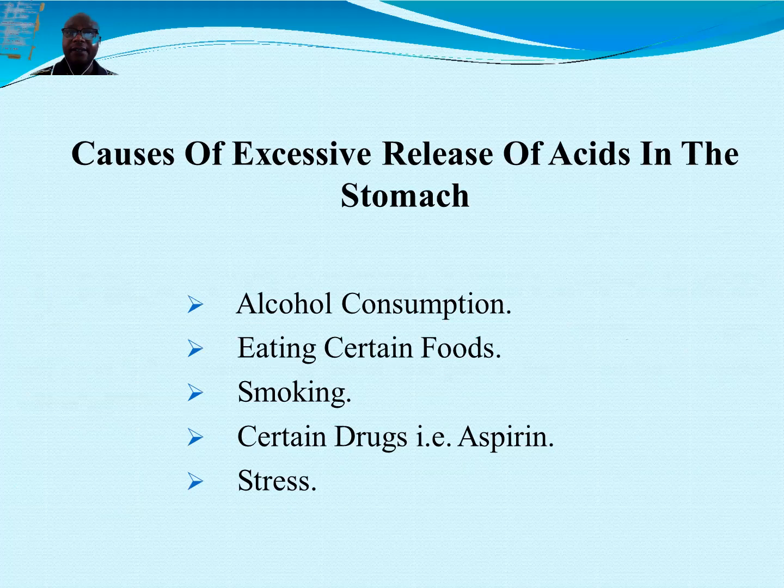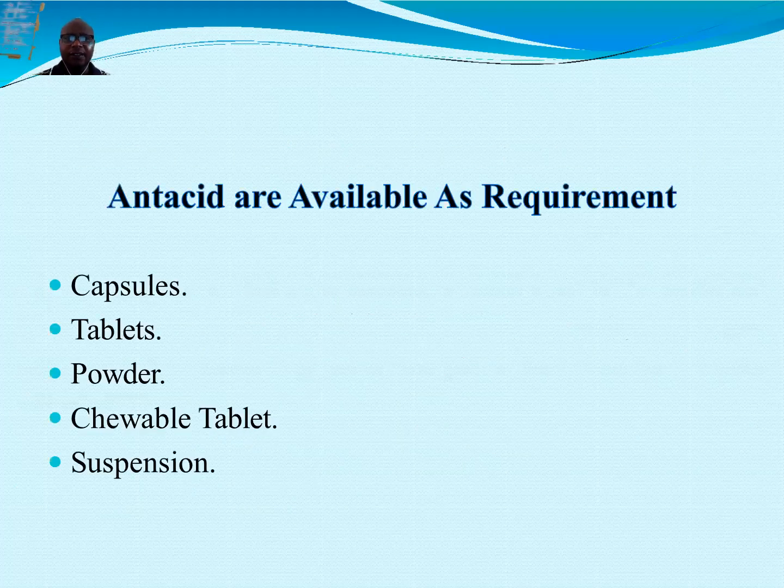What causes excessive release of stomach acid is alcohol consumption, eating certain types of food like citrus products and pilipili, smoking, certain drugs like steroids and anti-inflammatory drugs like aspirin, and stress. These are causes of excessive acid in the stomach.